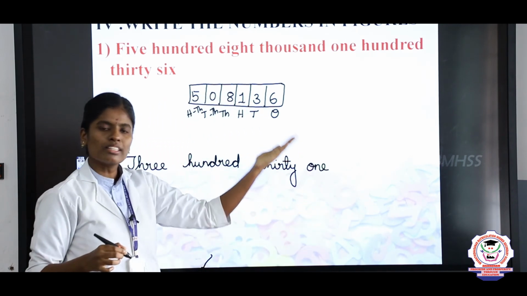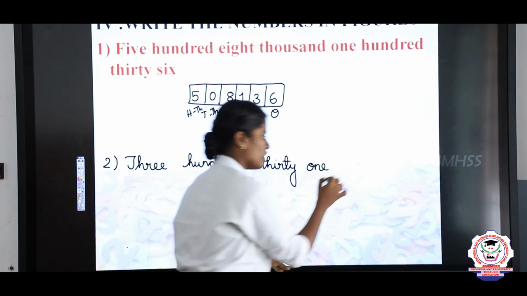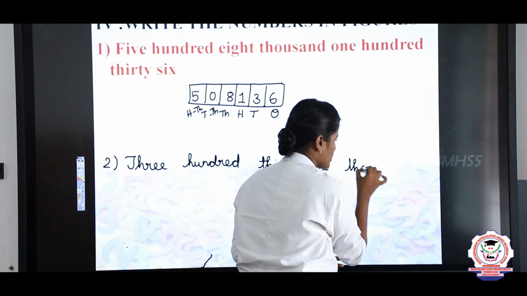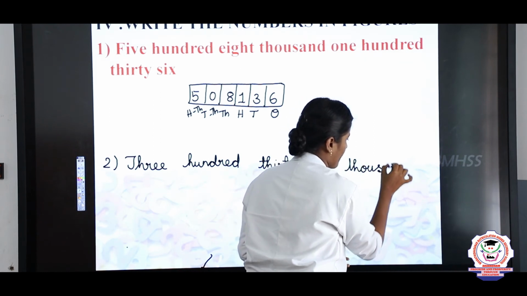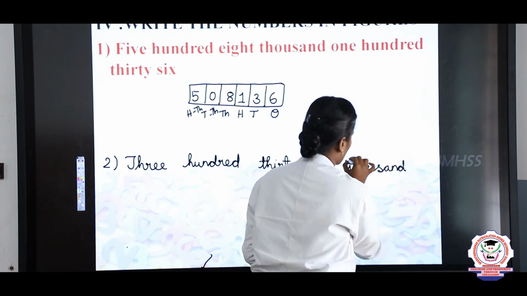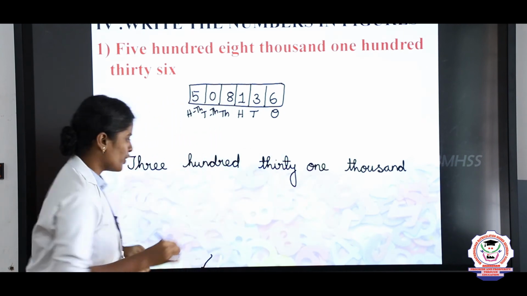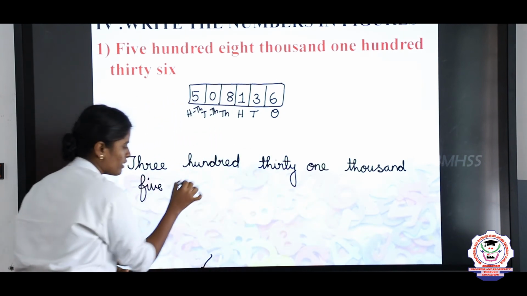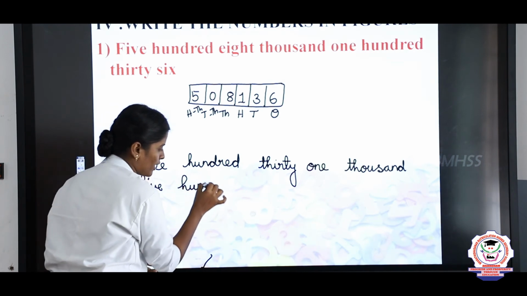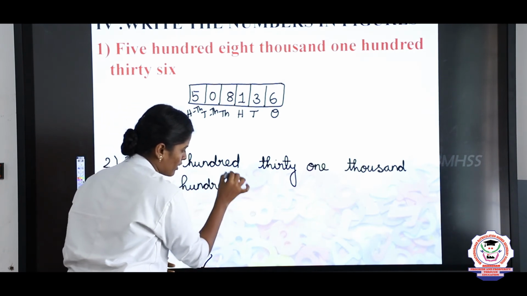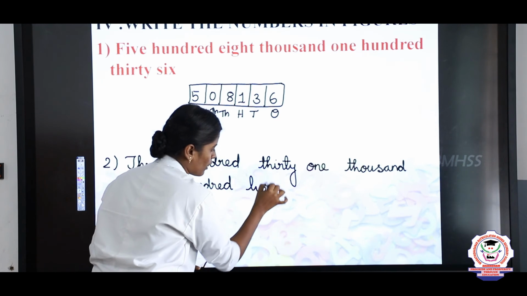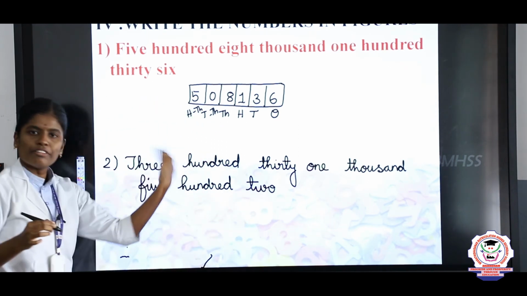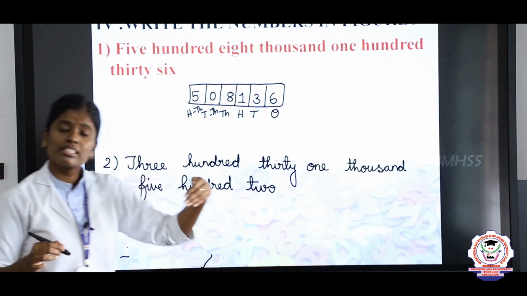The spelling of thousand is T-H-O-U-S-A-N-D. 31,000. Finally five hundred two: FIVE 5, HUNDRED, 502. So now we are going to write the numbers in figures.